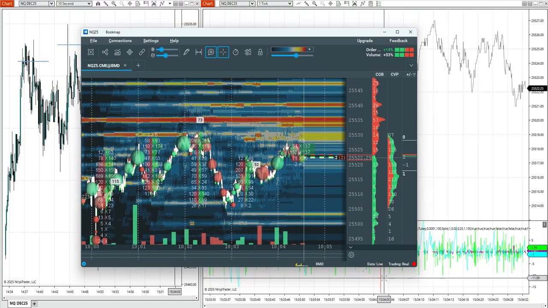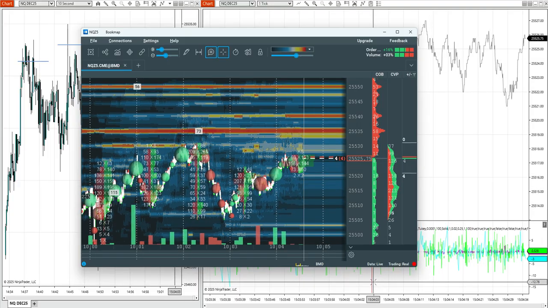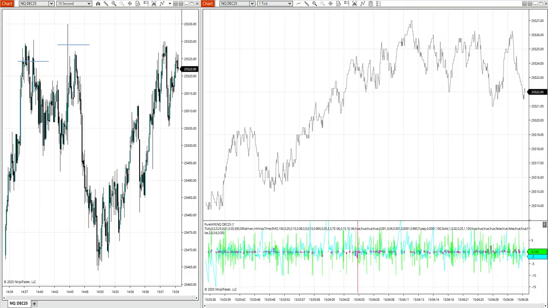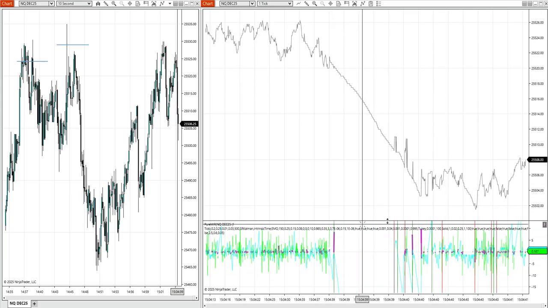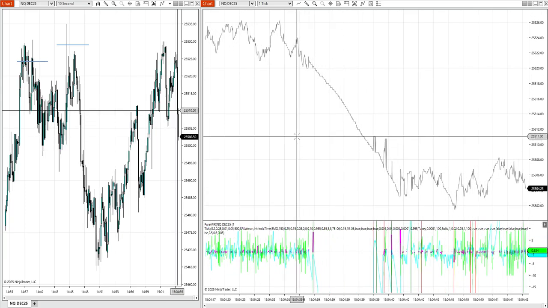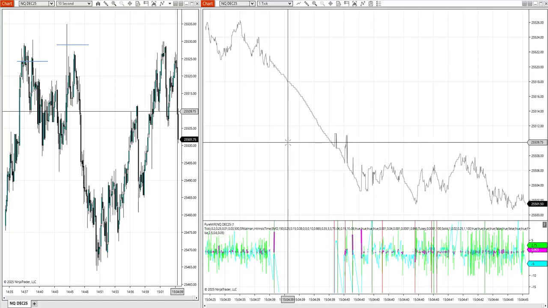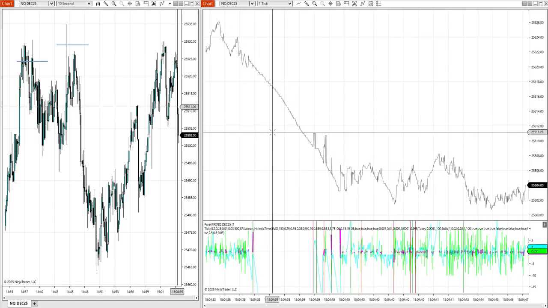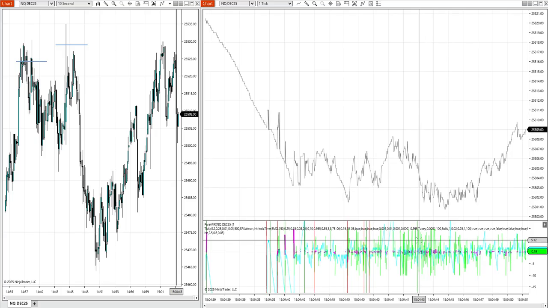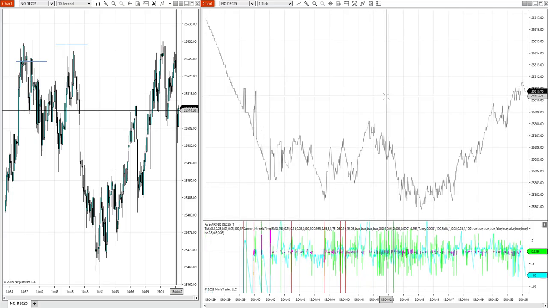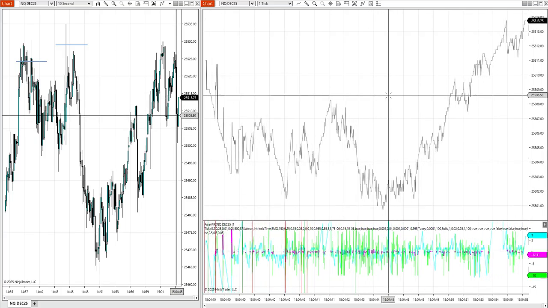So if we want a short, we get a red line, which is telling us that the algorithm was making a prediction and price moved down more than what was predicted. If we get into a level and we're looking to short and we get a green line, you can still short, it just means it's going to be a weaker bounce.